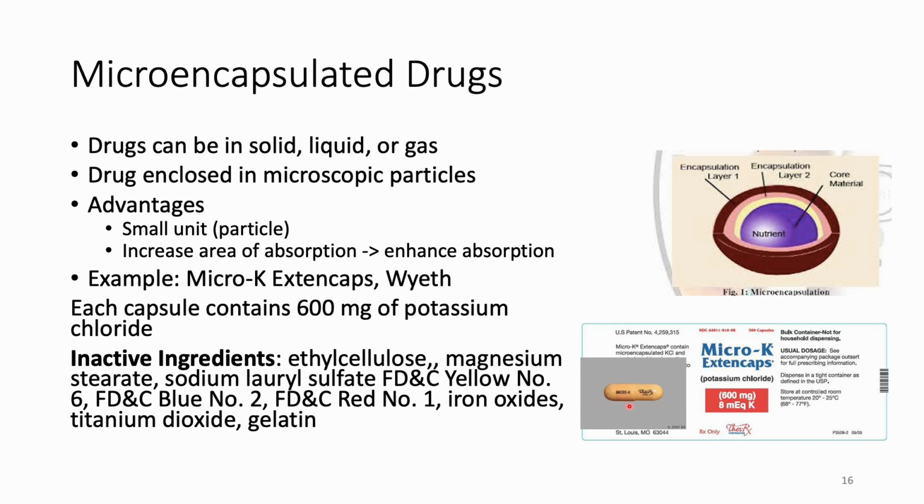This one can release the drug over a long time as compared with the normal potassium chloride. And the encapsulation materials or excipients are ethylcellulose, magnesium stearate, sodium lauryl sulfate, and some other excipients, color, iron oxide, titanium dioxide, gelatin, etc.